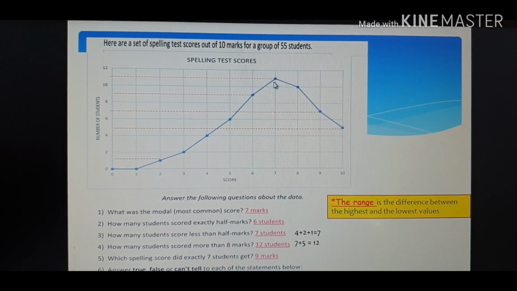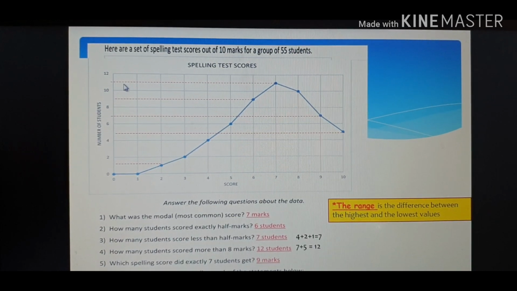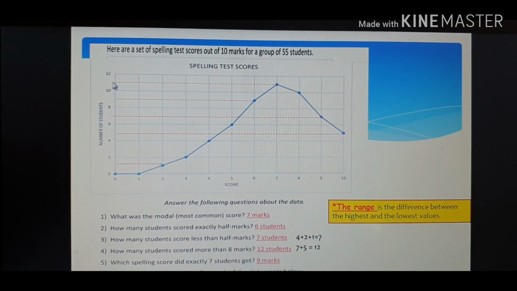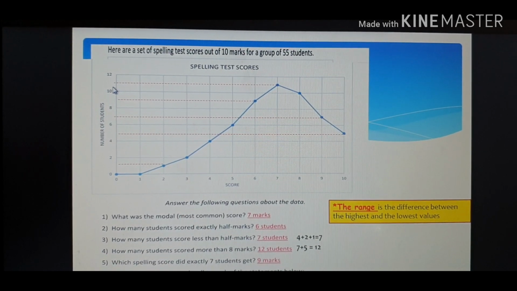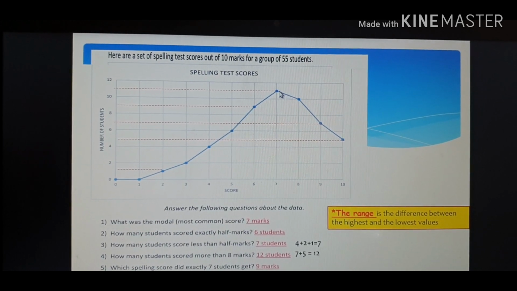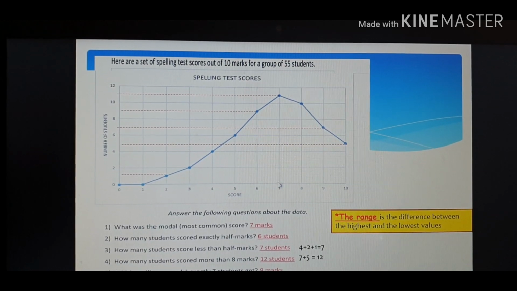This dot represents how many students? It's in the middle between 10 and 12 on the vertical line, so 11 students.